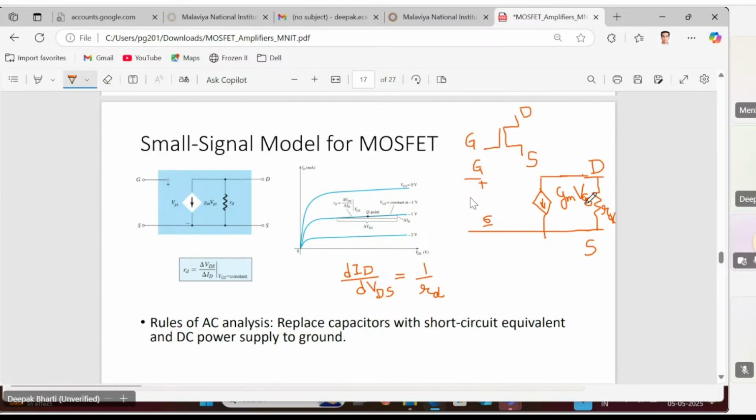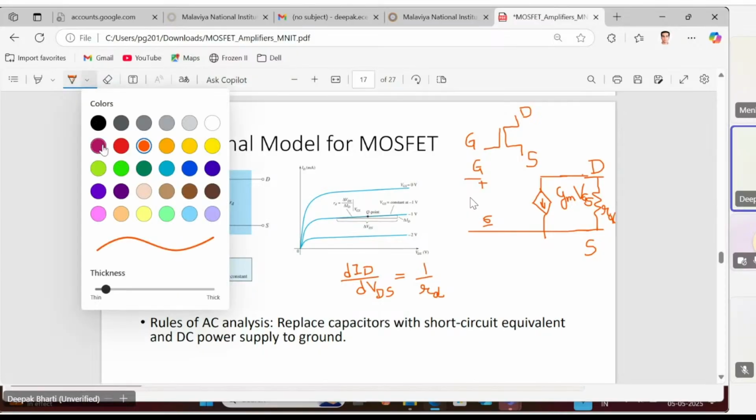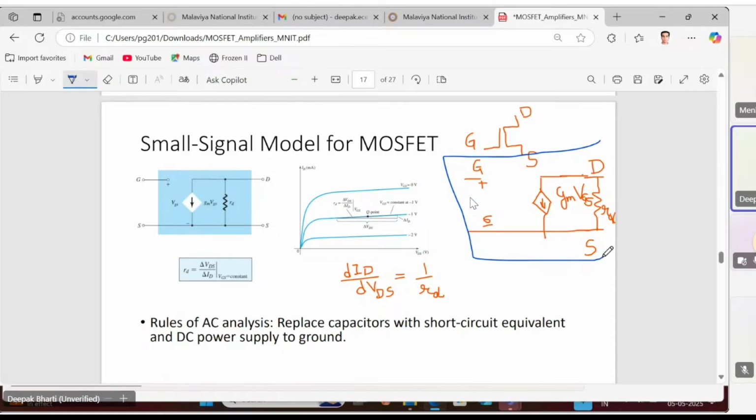Okay, so this becomes the small signal model for the amplifiers, MOSFET based amplifiers.